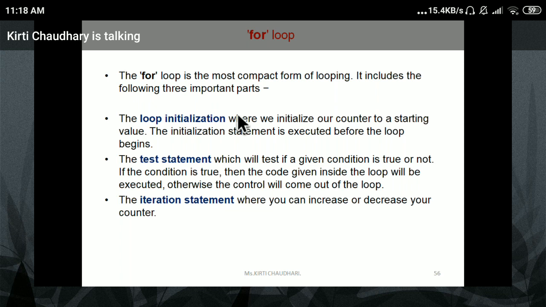The initialization statement is executed before the loop begins. Next is the test statement, which will test if the condition is true or false. If the condition is true, then the code given inside the loop will be executed. Otherwise, control will come out of the loop. Then the iteration statement, where we can increase or decrease our counter.